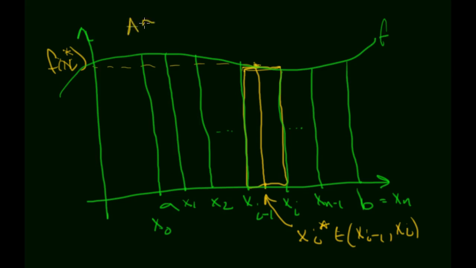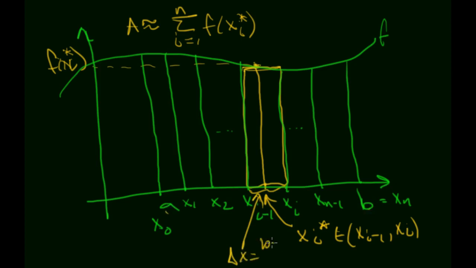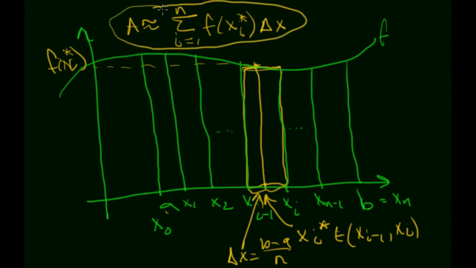So the area is approximately the sum from i equals 1 to n of the height, f of xi star, times the width. Now the width here we're going to represent as delta x, and that's going to be the distance from a to b, so that's b minus a broken into n parts. So that's going to be times delta x. So this is our approximation of the area.